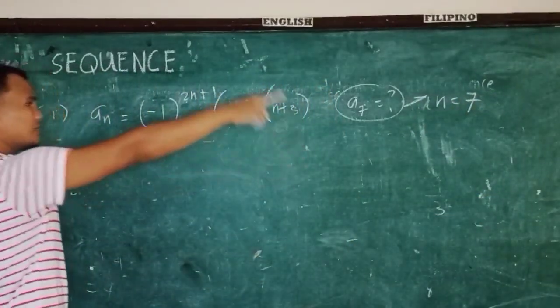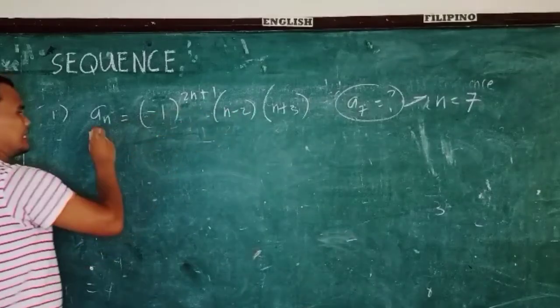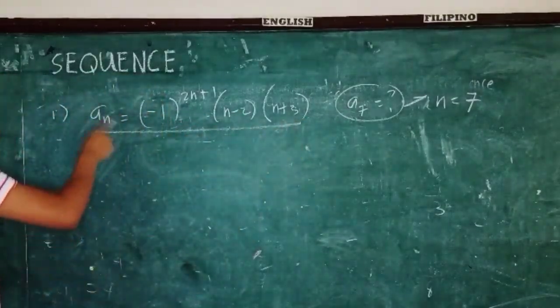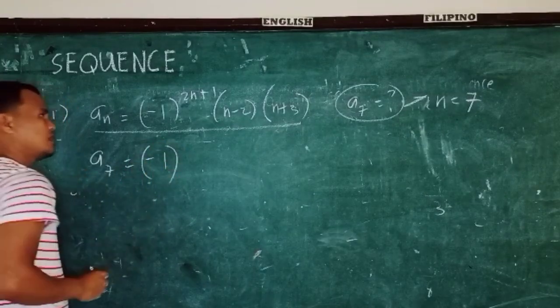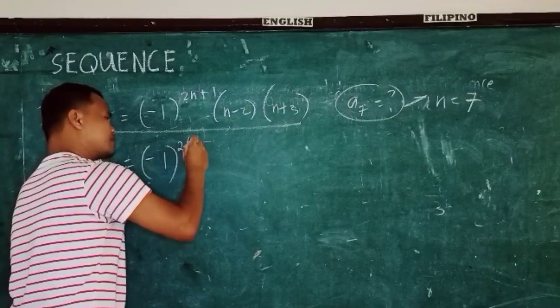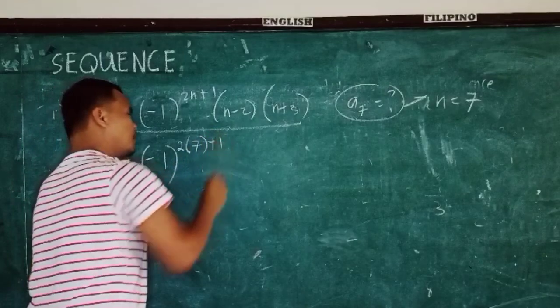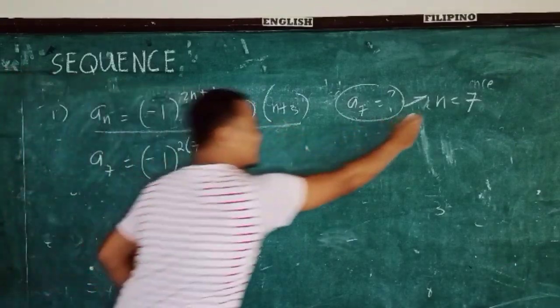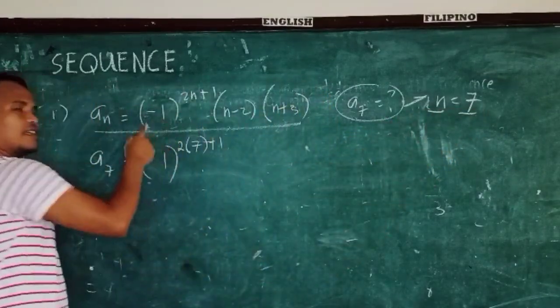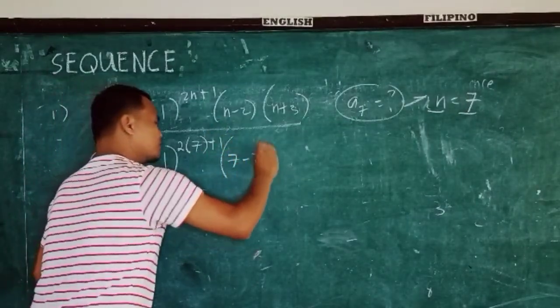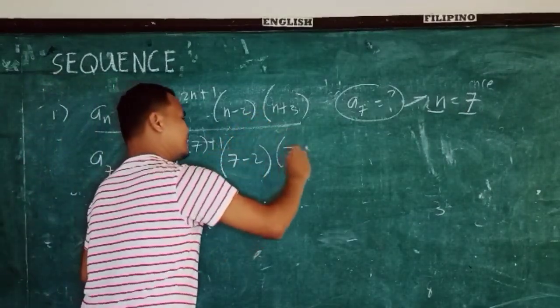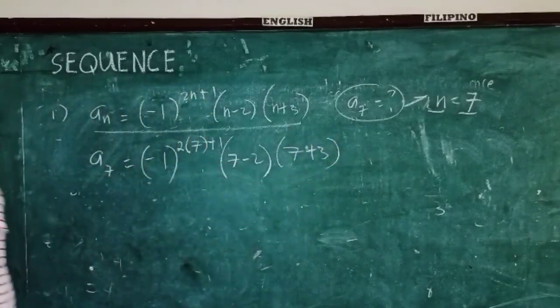In that case, we are going to substitute the value of n in this nth term. So a sub 7 equals negative 1 raised to the power of 2 times 7 plus 1. Just replace n with 7 here. Then 7 minus 2, then 7 plus 3.